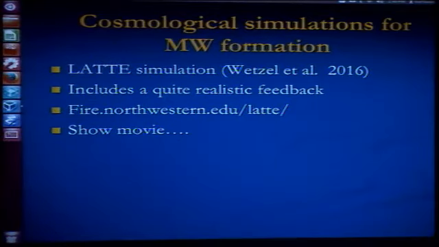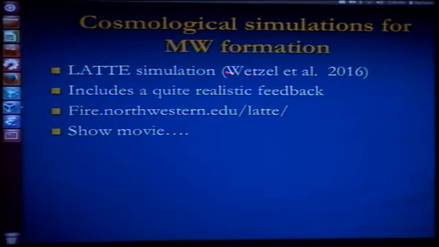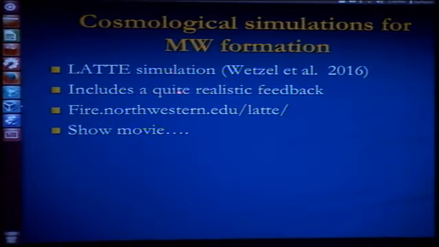To show this, first I will try to show you a movie, which is taken from the Latte simulation, which is done by Wetzel and co-workers. This is a cosmological simulation of the Milky Way formation, which includes a quite realistic feedback.